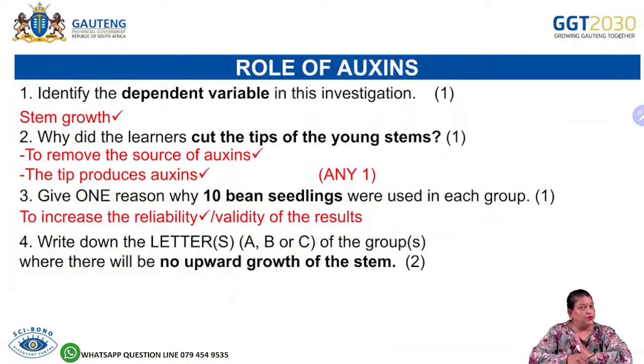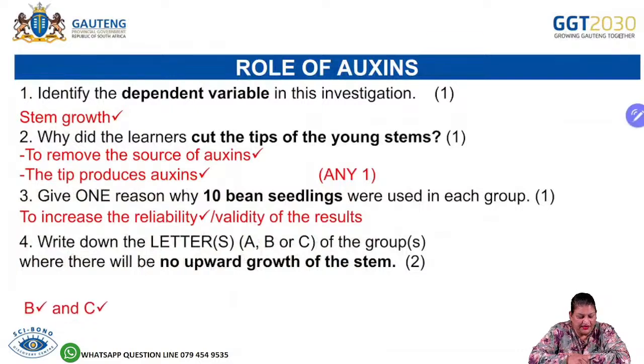There was no stem tip, no auxins. And remember in C, it was cut and replaced, and there was a plastic that was separating the stem tip from the rest of the stem. So where would I not expect growth? I wouldn't expect growth in B because the stem tip was cut, auxins were removed. In C, I know that auxins move down, further down, and then cause upward growth, but the plastic blocks them. So I wouldn't expect any stem growth in B and C.